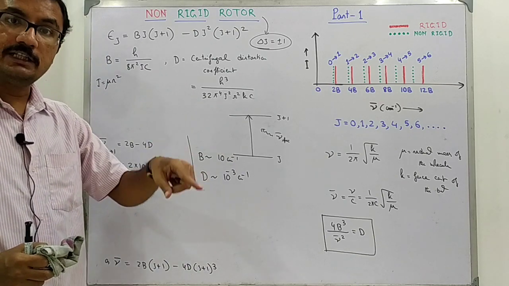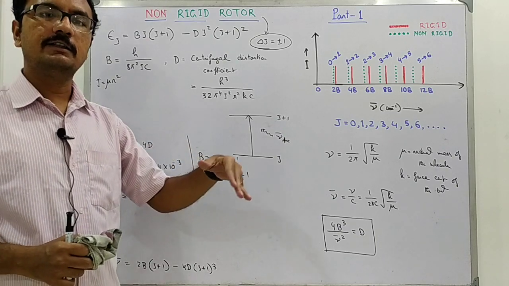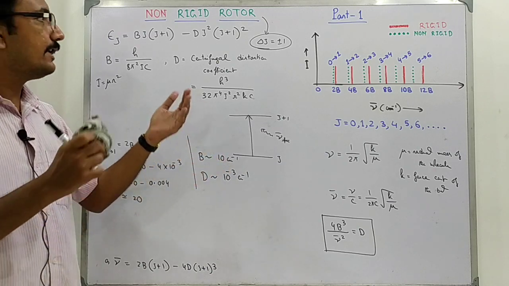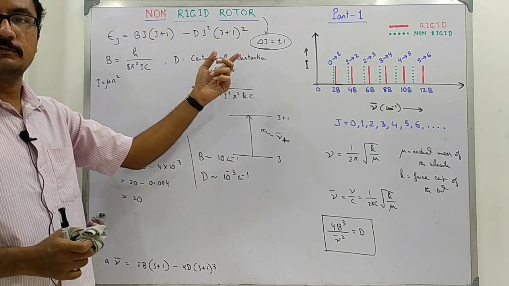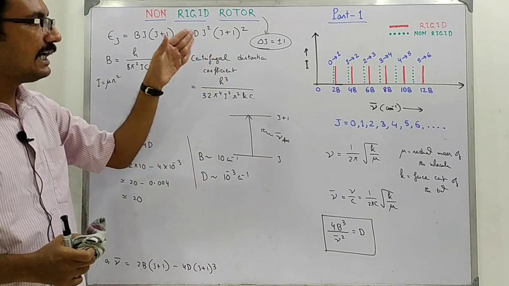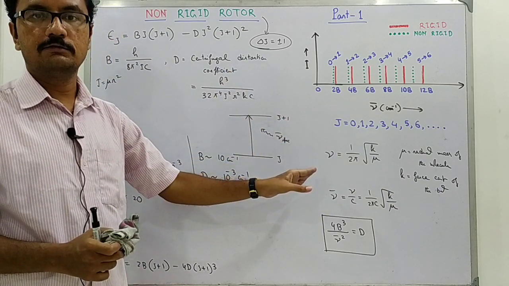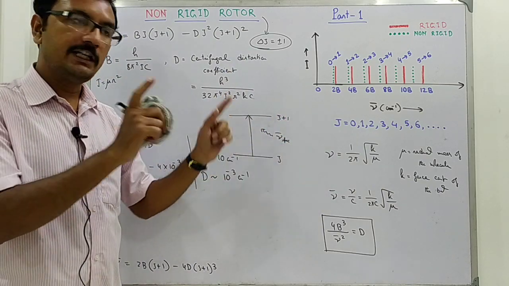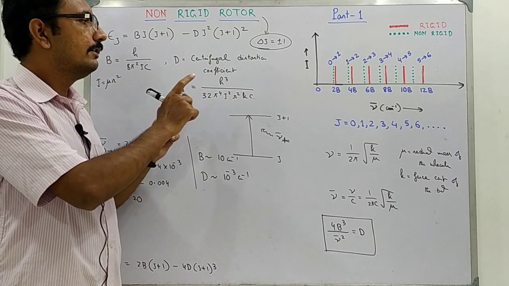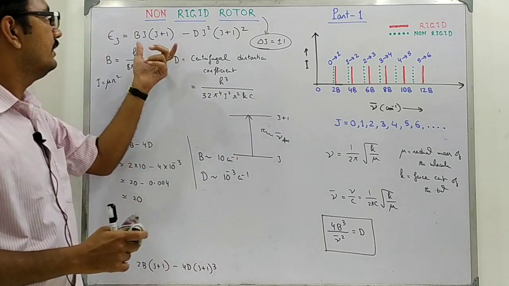Hence, they chose the first line, since in reality carbon monoxide is not a rigid rotor, it is actually a non-rigid rotor, but they are calculating with the expression of rigid rotor. So, the molecule is actually a non-rigid rotor, but they are calculating the bond length using the expression of rigid rotor.